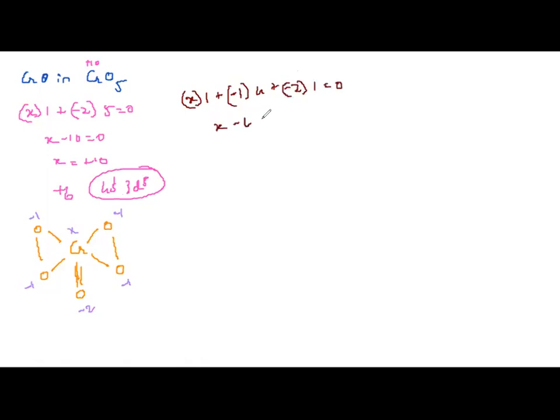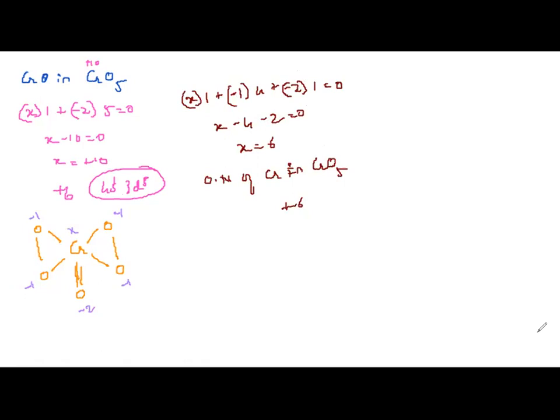So X minus 4 minus 2 is equal to 0. Therefore, X is equal to 6. So the oxidation number of chromium in CrO5 is +6. Okay.